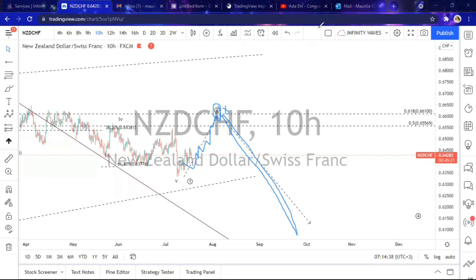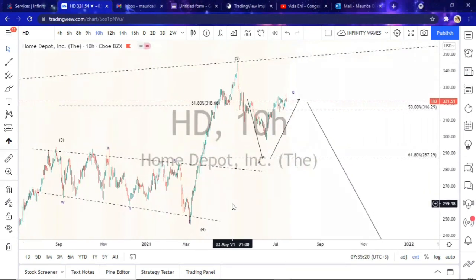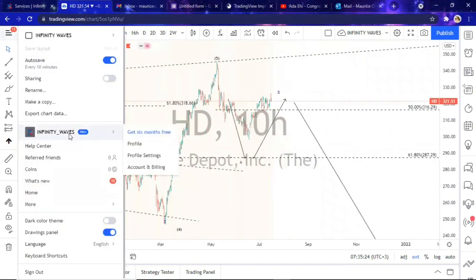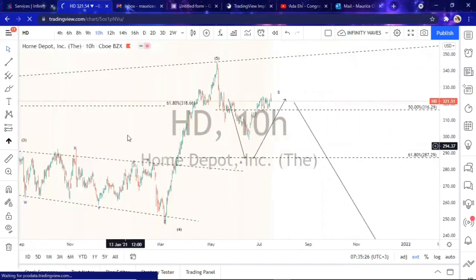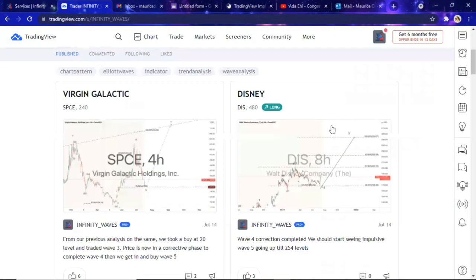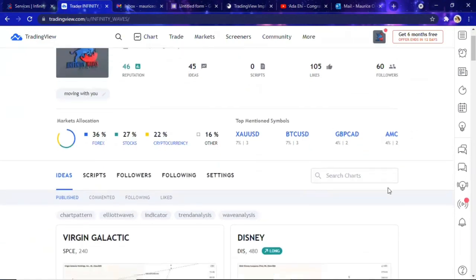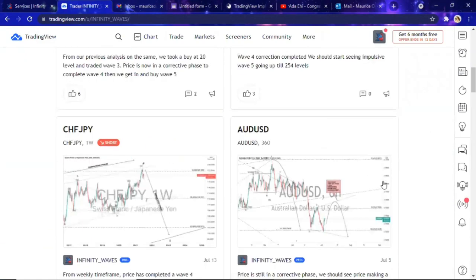For stocks, we can look at Home Depot. This is Home Depot right now, but if we go back to our previous analysis for Home Depot, we normally post them on our TradingView account. So this is where our charts are normally posted, in this account of ours.